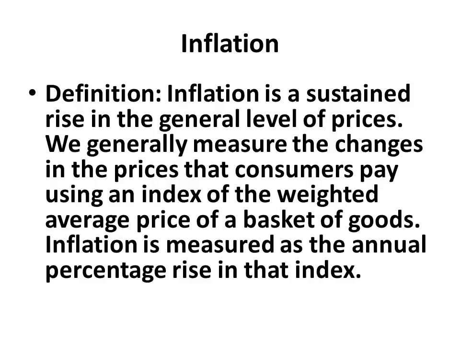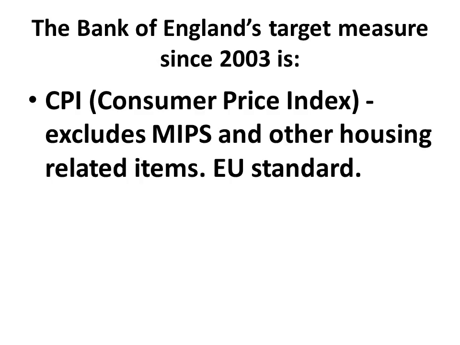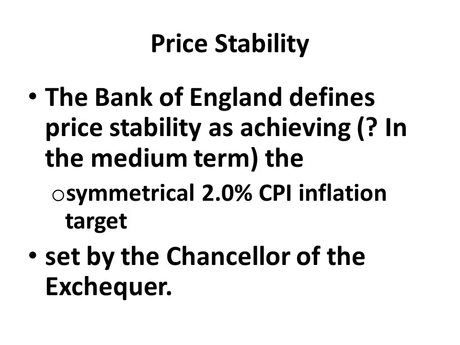Inflation is the sustained rise in the general level of prices. One of the macroeconomic objectives is to have stable inflation. The target for inflation since 2003 is 2.0% of the consumer price index.